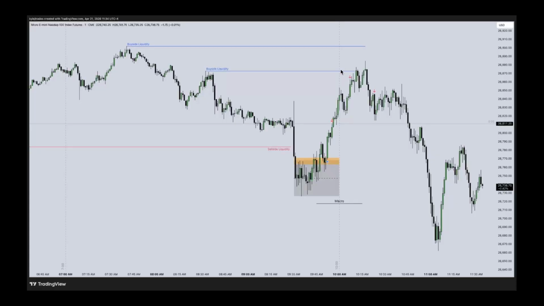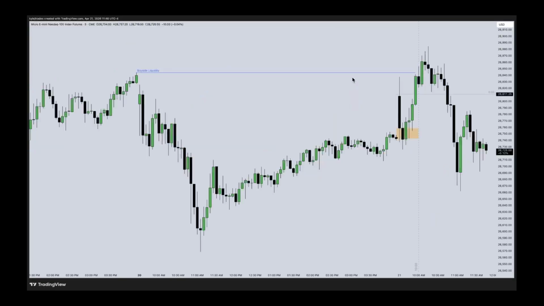So instead of taking it all off at this buy side liquidity, I really wanted to see if I can get an ultimate pull for that pre-market buy side level. And then I ended up moving my stop loss beneath this order block and this swing low right here, and ultimately got trailed out in profit. And I think my highest runner went to like 1 to 4.5 R, I believe.